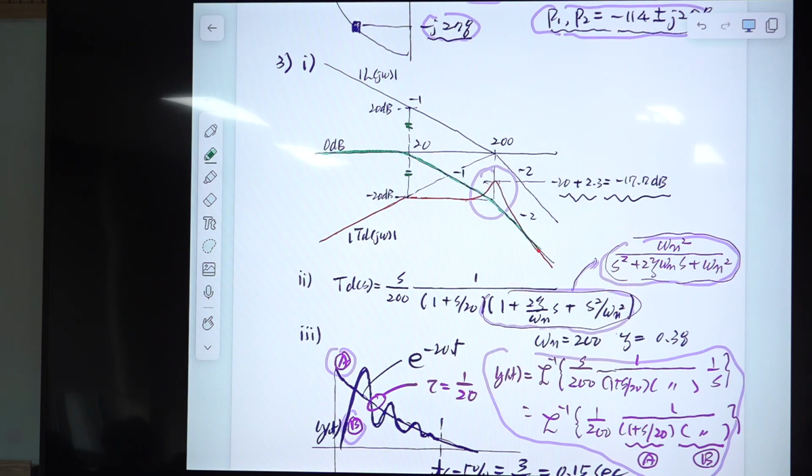Then TDS is GS divided by LS for frequency lower than omega C, and for frequency larger than omega C, this one is GS, and I need the direction of this inequality.